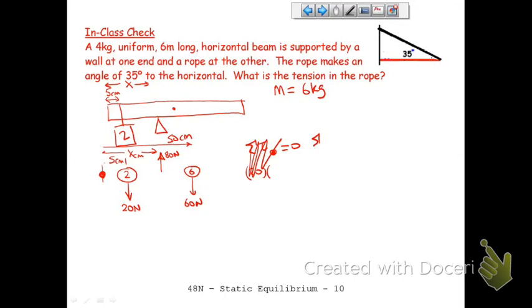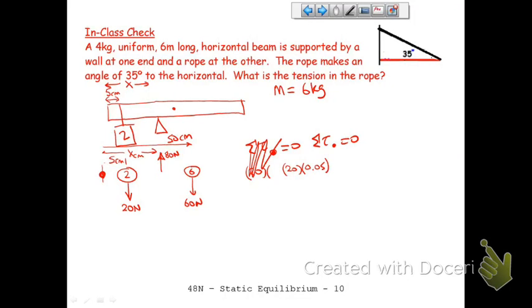So the sum of the torques about that turning axis equals 0. So that's 20 times 0.05. I can get away with putting it in centimeters, but it's a bit of a bad habit.